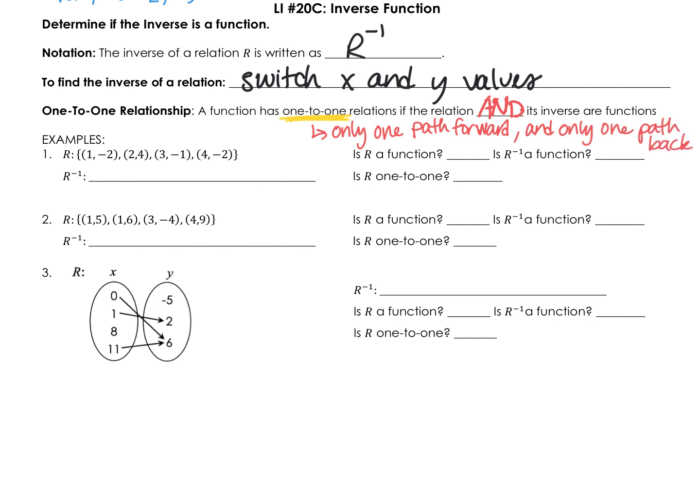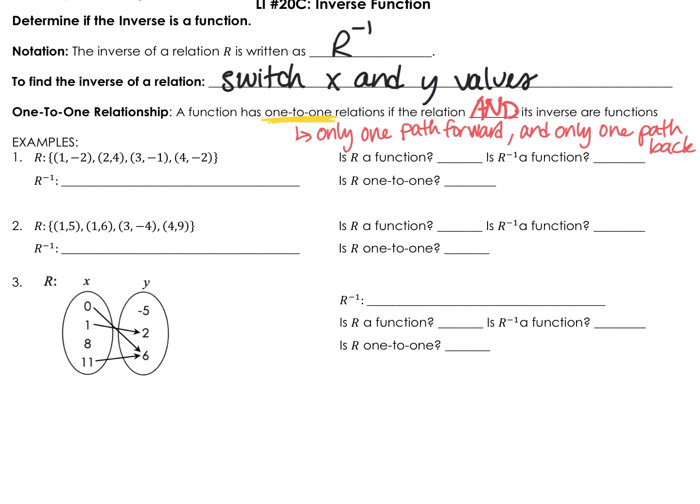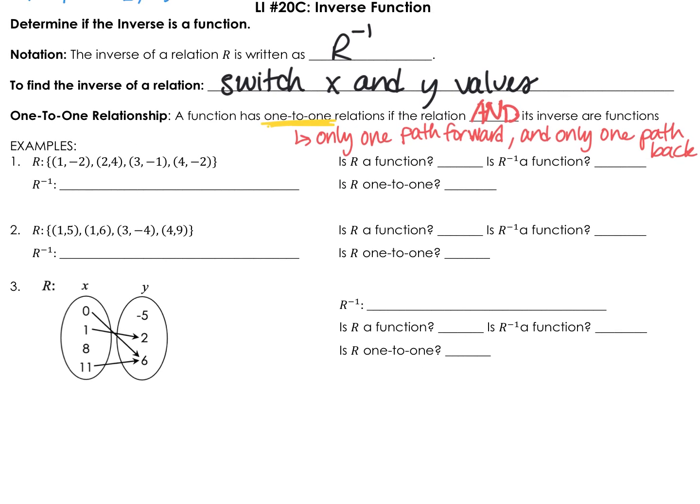So X goes to one Y, Y goes to one X. It has to go both ways for it to be one-to-one, which means both the original function and the inverse have to be functions.